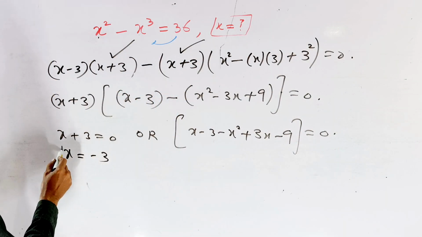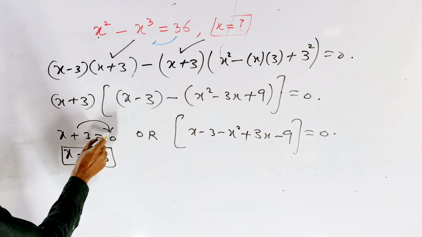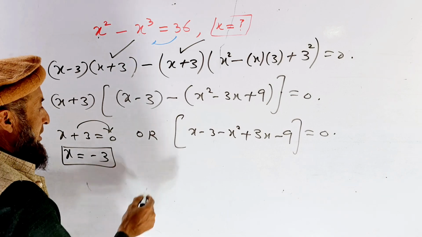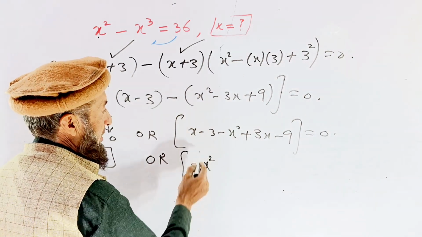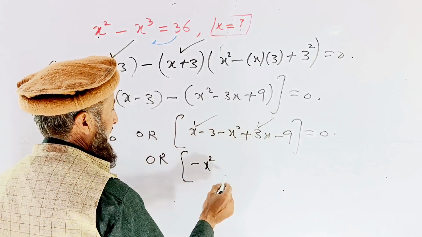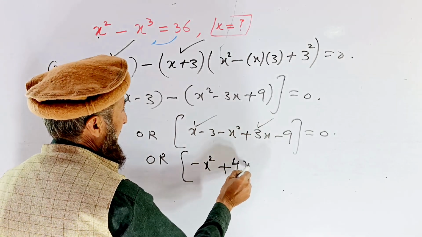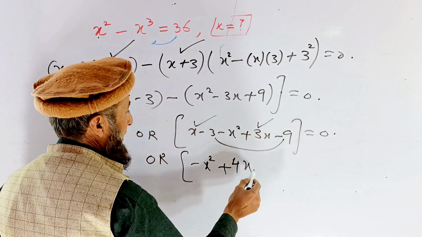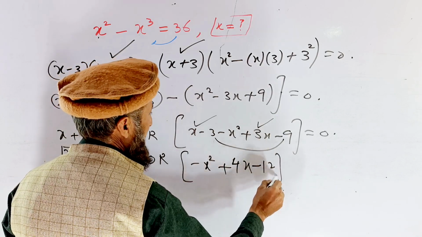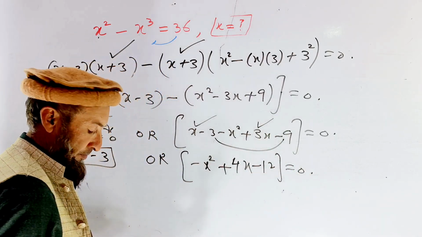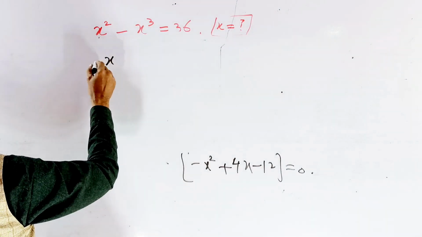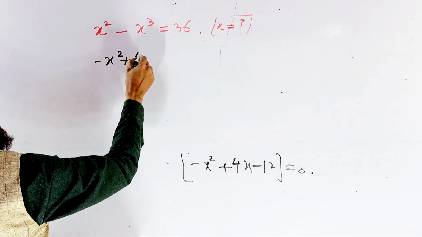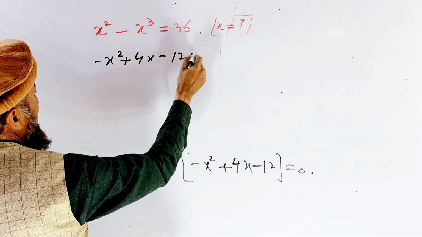Equal to minus 3. We transfer this result to the right side so its sign is changed, and here we can simplify: minus x square first, then x and 3x make 4x, and minus 3 minus 9 we get minus 12 is equal to 0. So minus x square plus 4x minus 12 is equal to 0.